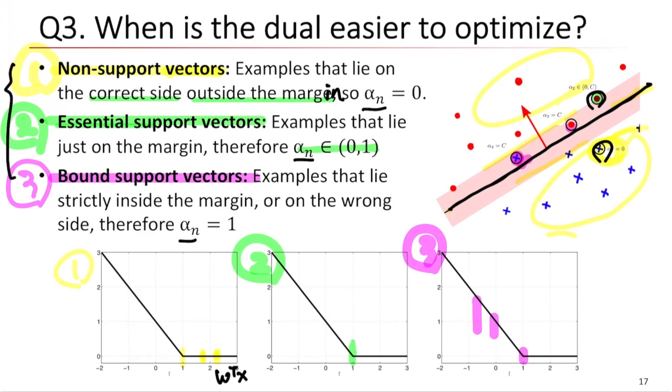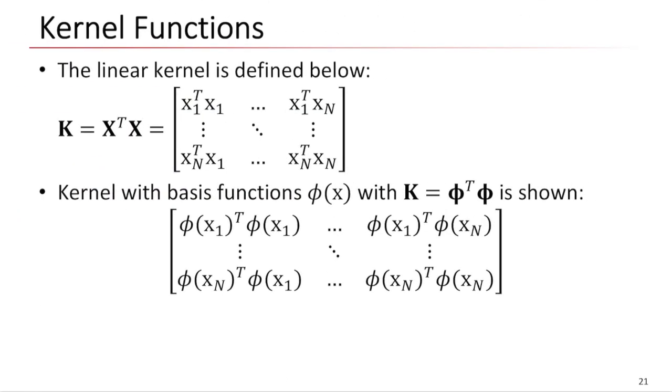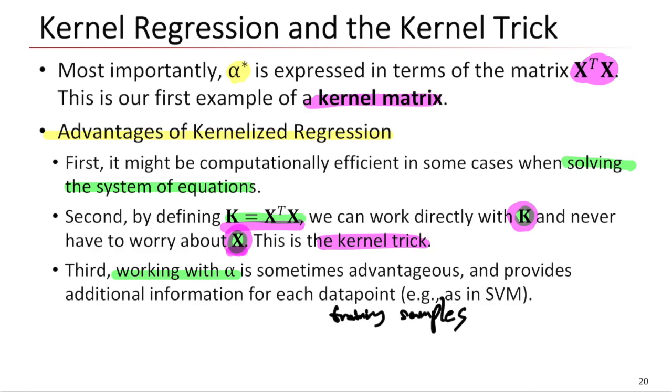By analyzing the alpha n here, we can determine which training points contribute to training our machine. So with the kernel trick, we can introduce this alpha value. This is the advantage of the kernelized regression problem.